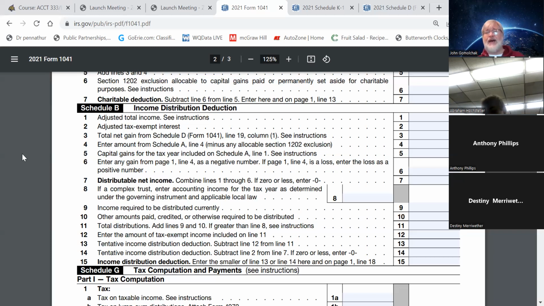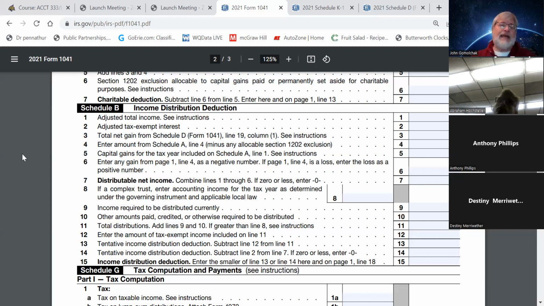So it would be the income that's available for distribution. Okay. So that's why line 7 gets affected the way that it does. So always be careful what sign you give to any number on line 6. If it's a capital gain on page 1, it'll be a negative number here. If it's a capital loss on page 1, it'll be a positive number here.